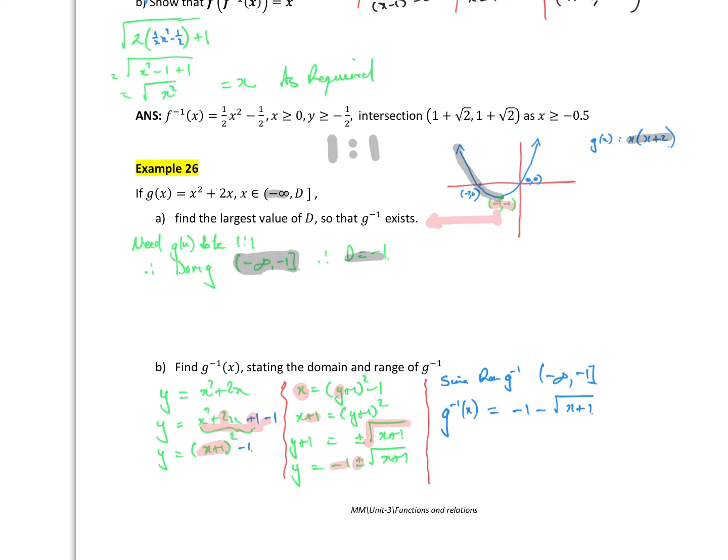So that corresponds to the range of the inverse. If my range has to generate really big negative numbers, it makes sense that I subtract the square root of x plus 1. So that's how I know which of those plus or minus signs to have. Now, really important, we swap the y for G inverse of x, because that's the function we're dealing with. Never leave it as y equals.